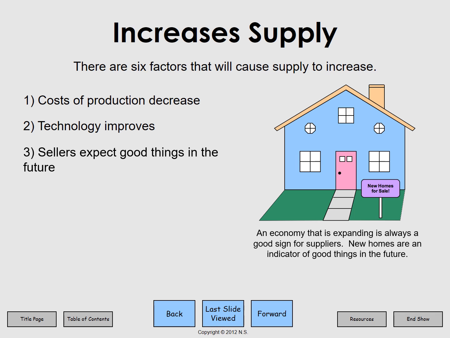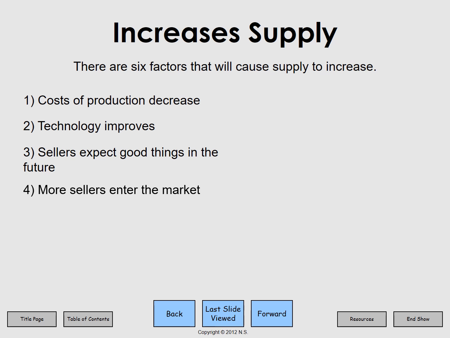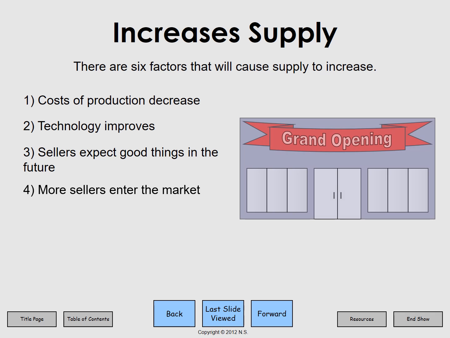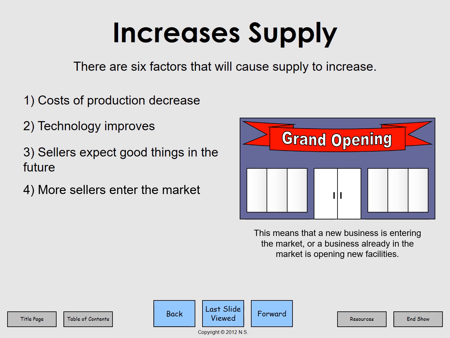The economy looks good. You think you're going to have a good job, good paycheck, and so you're more willing to buy things. So if you're a supplier, a store owner, a lemonade stand, then that's good news for you. More sellers increase the market. This means that a new business is entering the market, or a business already in the market is opening new facilities.